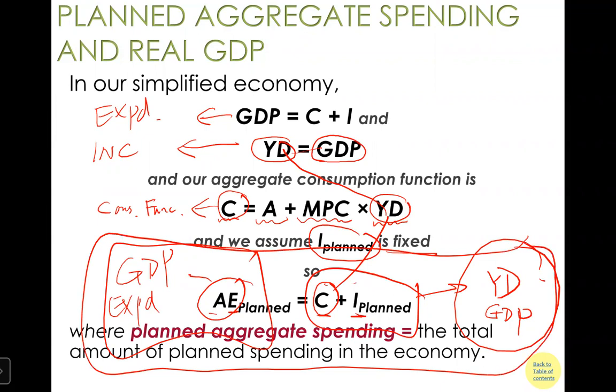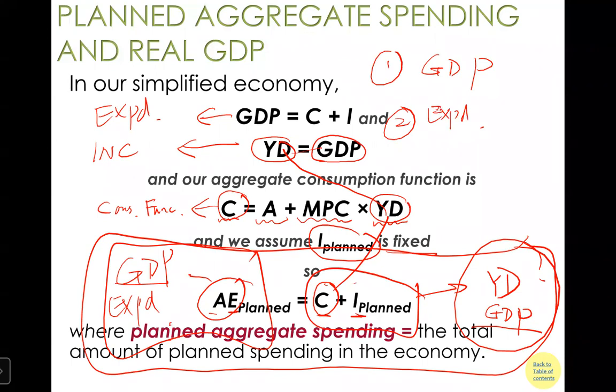On the left-hand side, it's GDP. On the right-hand side, it's also GDP. Number one, we have an equation to determine GDP. Number two, on the left-hand side, we look at GDP through the lens of expenditure, and on the right-hand side, we realize GDP as income.